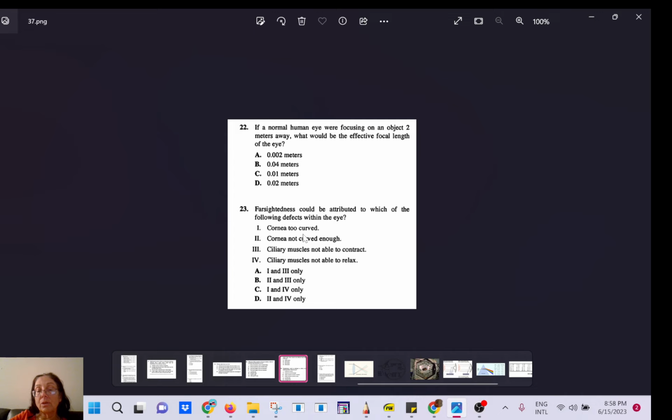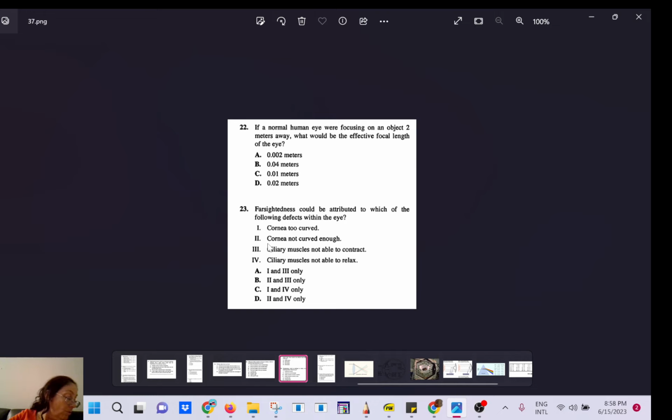Cornea too curved. No, that's not the reason. Cornea not curved enough. Yes, that could be one reason, because that means there is not enough refraction. That's one reason. Number two, muscles not able to contract. That could be it also.